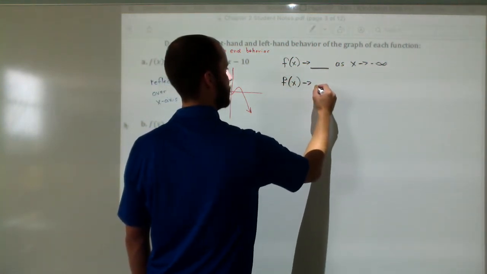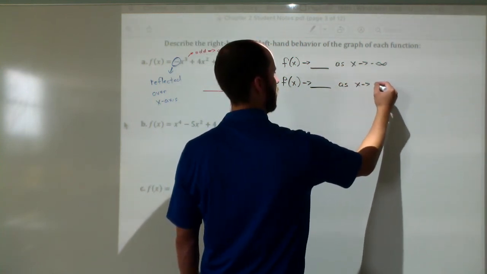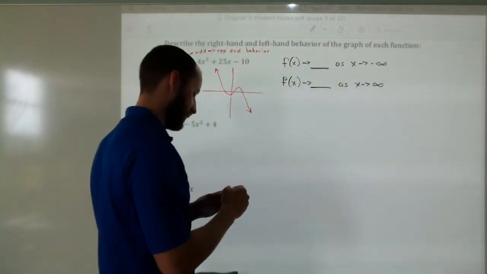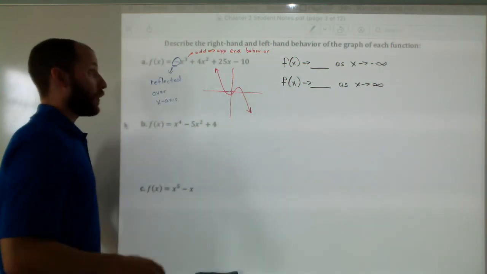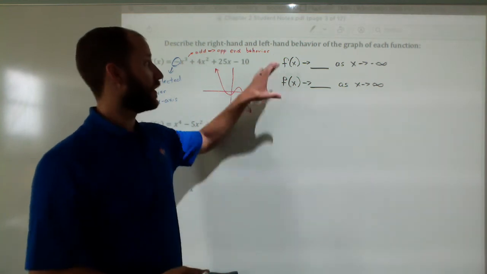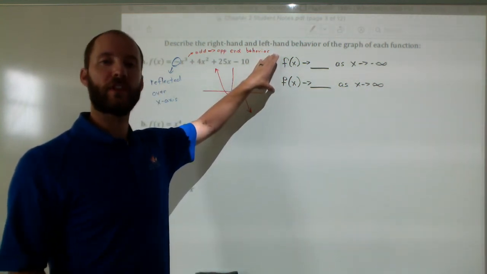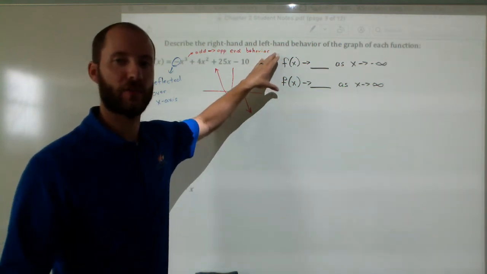We'll have f of x approaches something as x approaches positive infinity. What I've done is really written a template that you can follow. You write down exactly this, leaving these blanks. All you have to do is fill in the blanks because I've taken care of everything else for you.